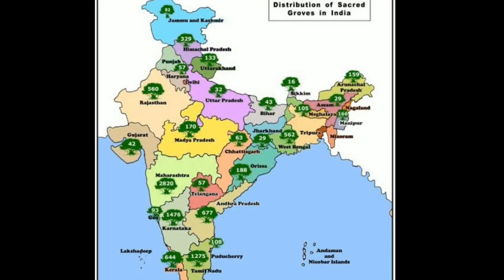That area is covered by neem plants, but it is declared a sacred grove. Or in Himachal Pradesh, Deoband is also a sacred grove. In Andhra Pradesh, Assam, Gujarat, in different states, these sacred groves are present. In Maharashtra, Devrai is the name of the sacred groves.